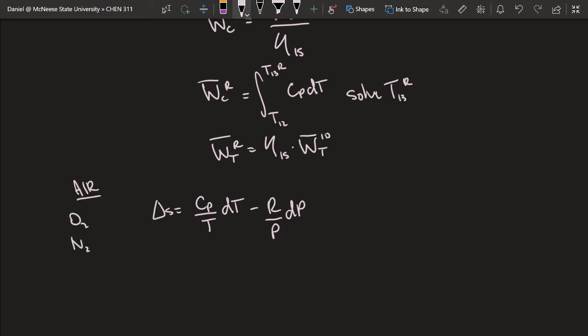I might have questioned myself on this, whether or not you would have partial pressure inside of this P. And the answer is no, you wouldn't. That's just because we're not dealing with the entropy of mixing.